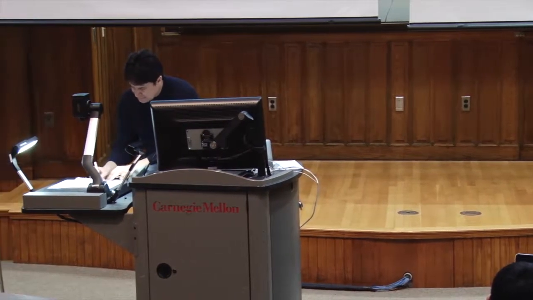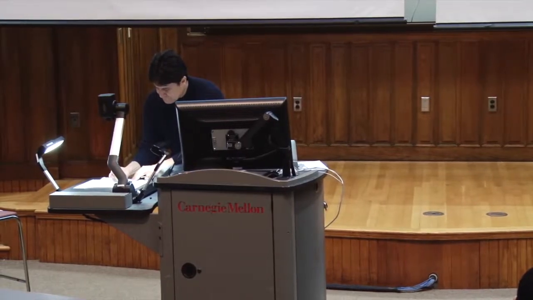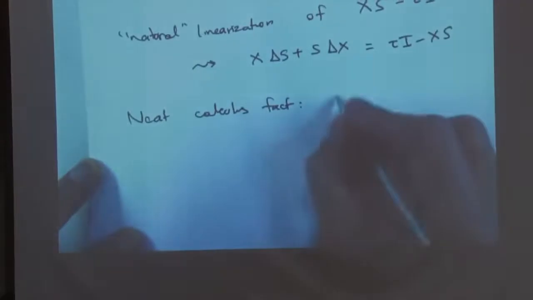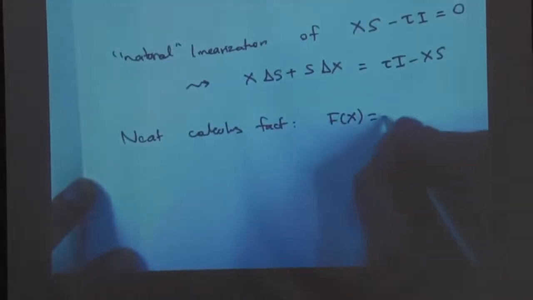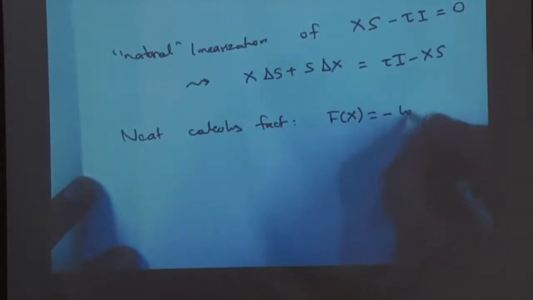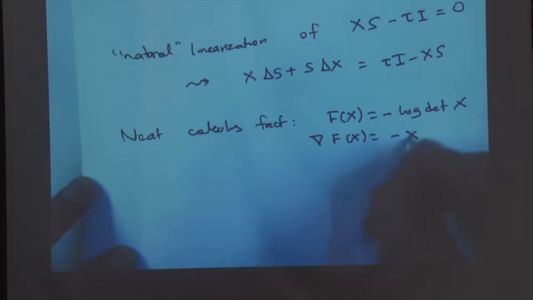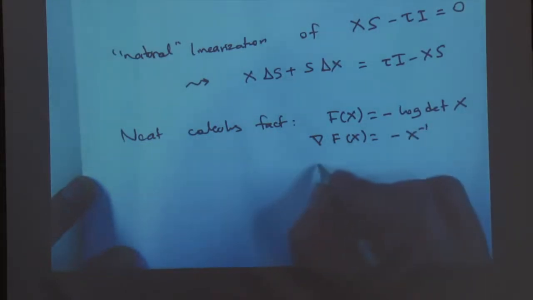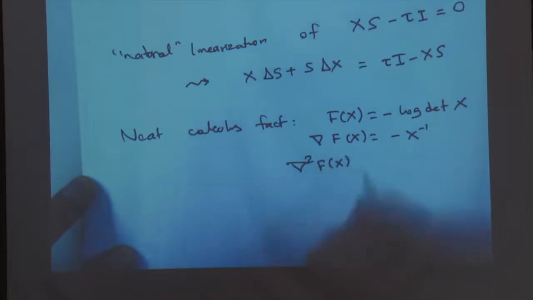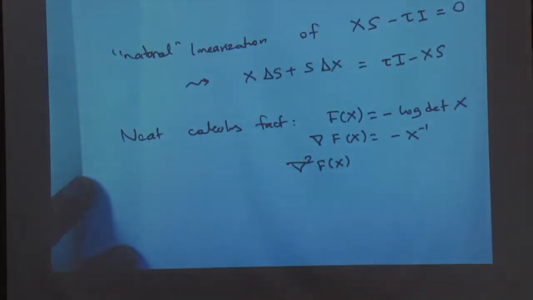So this is a neat calculus fact: for f of x equal to negative log determinant of X, the gradient is X inverse, and the Hessian is the following matrix.